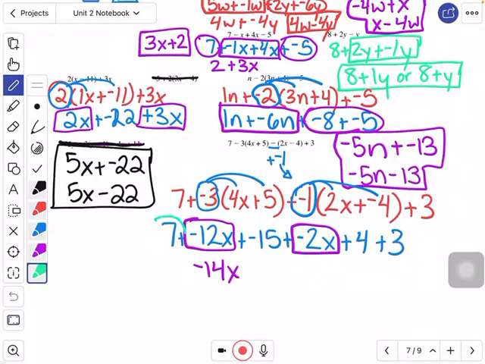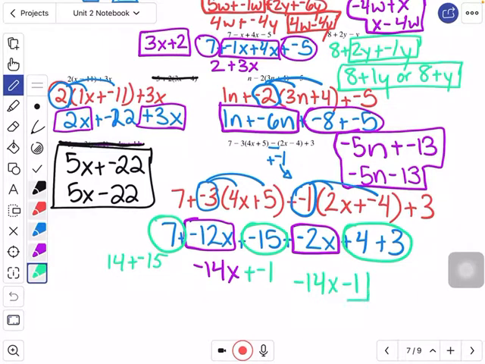And then I have 7 plus negative 15 plus 4 plus 3. So that is 7 plus 7, so that's 14 plus negative 15. So that is plus negative 1. So my final answer is negative 14x minus 1. Ta-da!